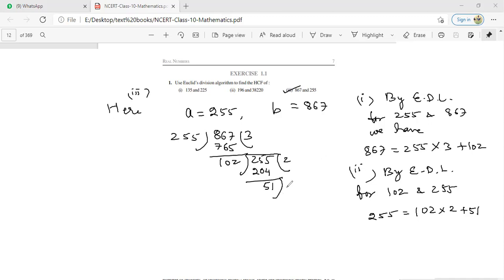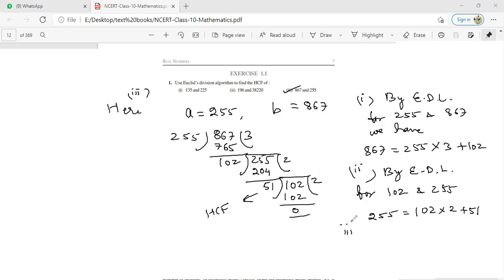Now 102 divided by 51. So 51 twos are 102. So we got the remainder 0. Here we will stop, and here 51 is the HCF. 51 is our HCF.